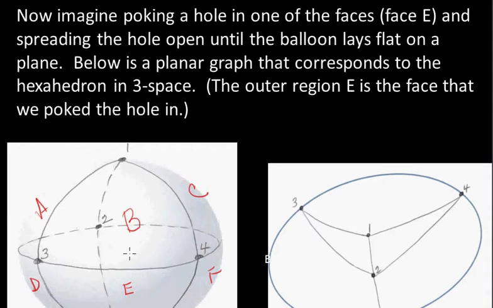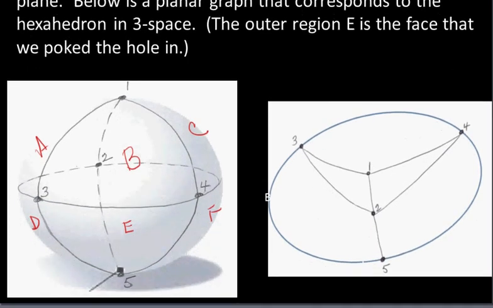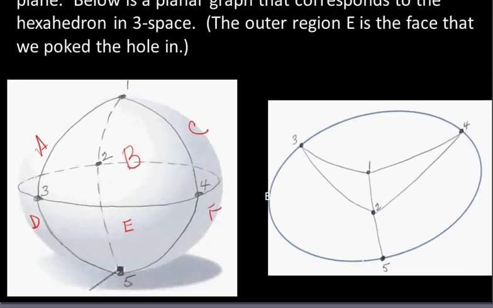Now imagine taking this balloon and cutting a hole in one of the faces and spreading that hole open and spreading and stretching and spreading until it laid flat, until it became a plane, and the drawing on the balloon would become a planar graph. Let's see how that would happen here.